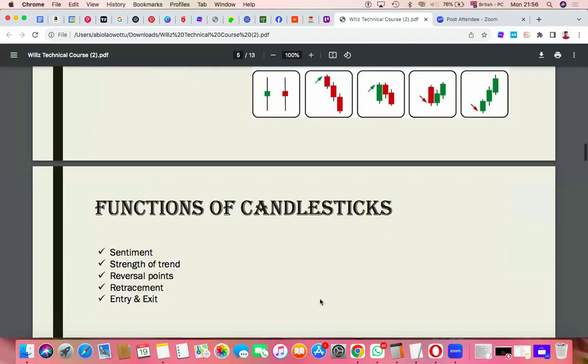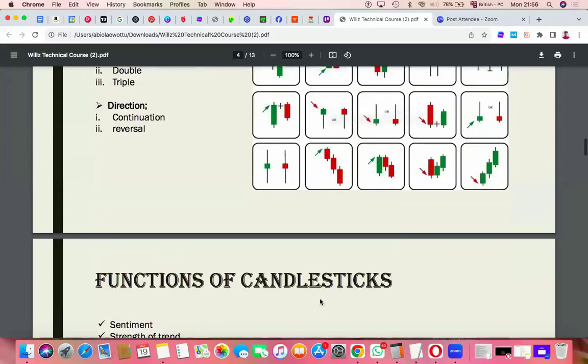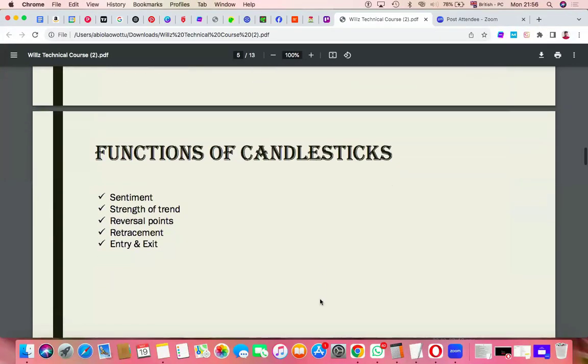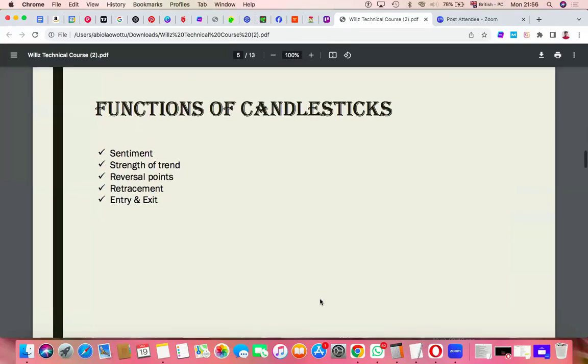So, function of candlesticks. You can use candles to spot sentiment, strength or trend, reversal points, retracement, and entry and exit points.